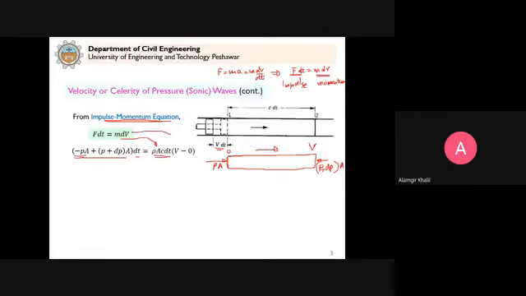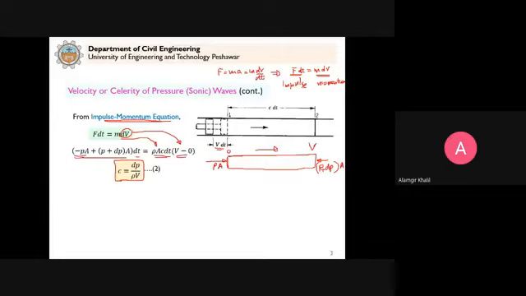And the change in velocity is the final velocity minus the initial velocity, so we have V minus 0, which is the change in velocity dV. Now if you simplify this, we get C is equal to dP by rho V. This is dP, the change in pressure, clear?